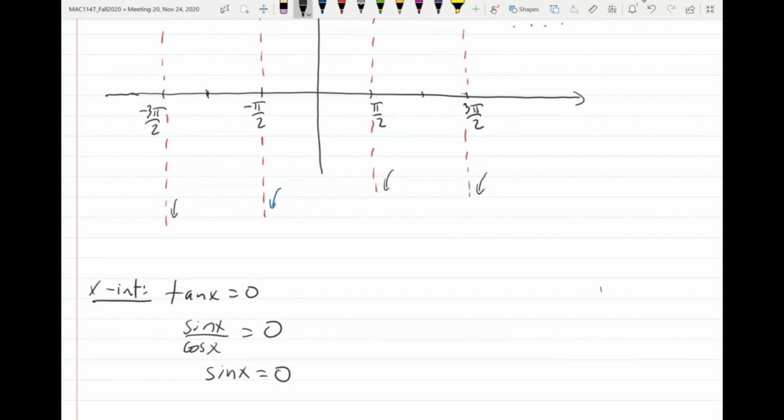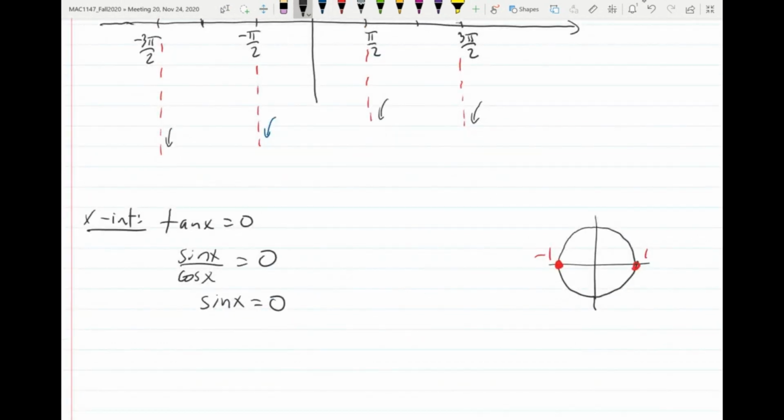And if we go back to our unit circle, when is the sine function equal to 0? Remember, sine is given by y, so that's going to happen exactly at these 2 points, right? So at (1, 0) and (negative 1, 0), that's when sine is equal to 0. So this happens whenever x is either 0 or pi.